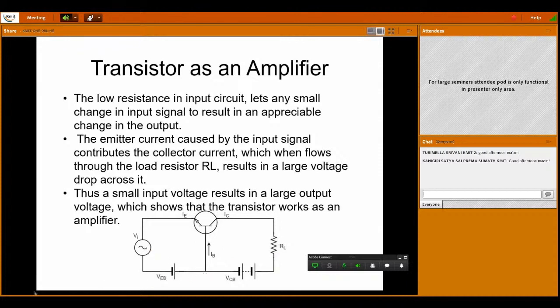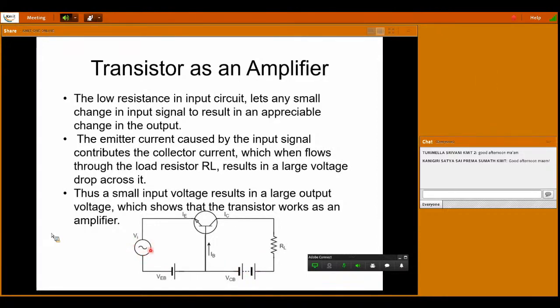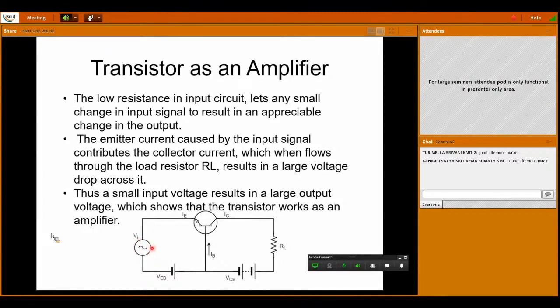It resembles the common base configuration, but in the common base configuration you only have the DC voltages applied at the base to emitter junction and the collector to base junction. To construct a common base amplifier, we added one more AC signal source, VI, at the input terminal.